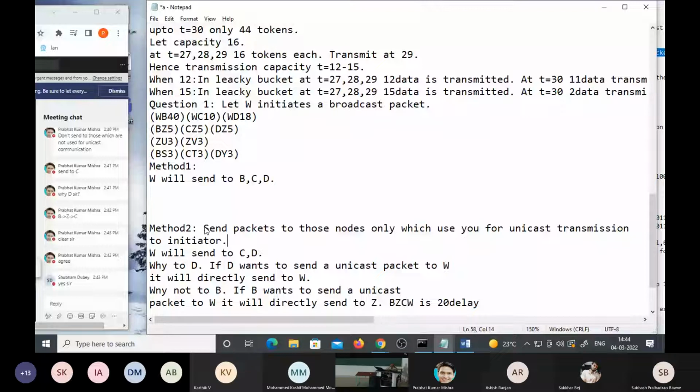Now, what will happen in the second step of method 1? What will happen in second step of method 1?